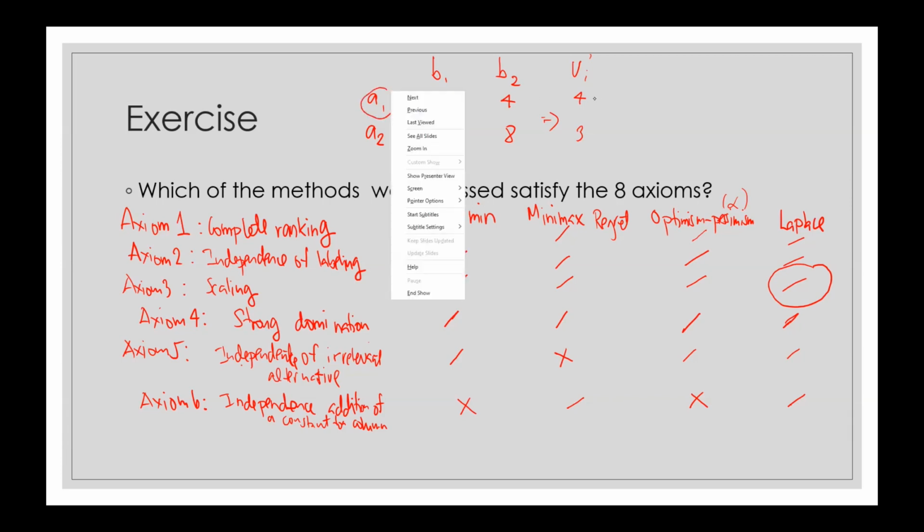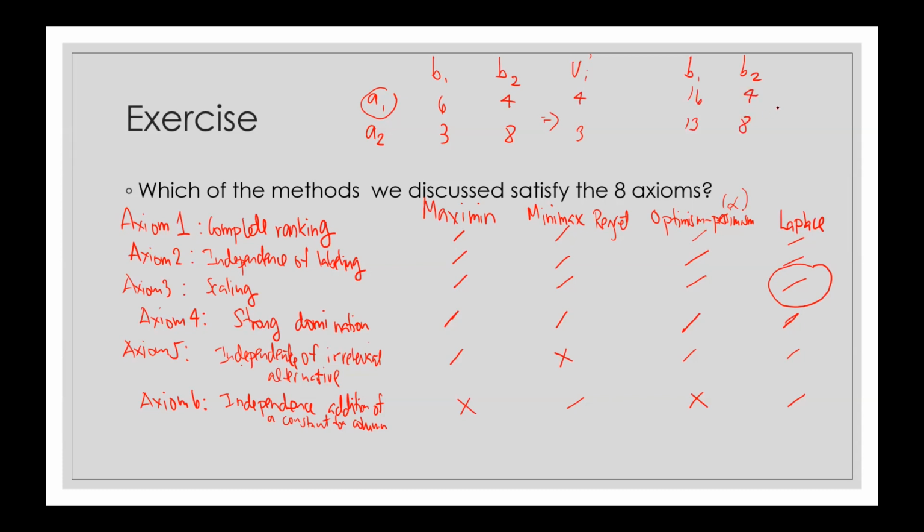Now let's add a constant to the first column. So for B1 and B2, we add 10. It became 16, this became 13, and this became 4. What's the worst here? 4. What's the worst here? 8. So what is the maximum now? A2, with 8.